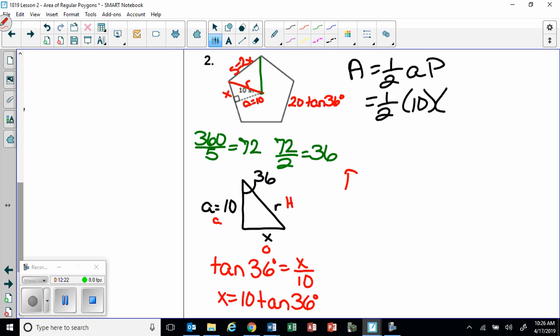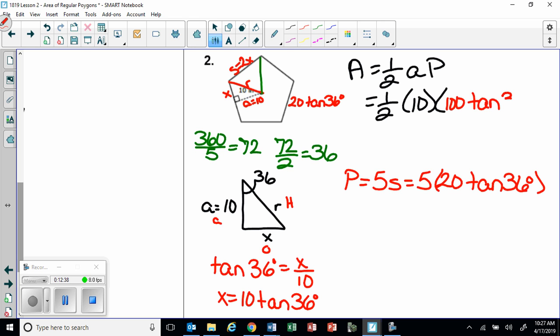Now my perimeter is 5 times the number of sides. So that's 5 times 20 tangent 36 degrees. 5 times 20 is 100. Now I'm going to put it in my calculator. You never want to round until the very, very, very last step. Okay, make sure your calculator is in degree mode. And mine was not.